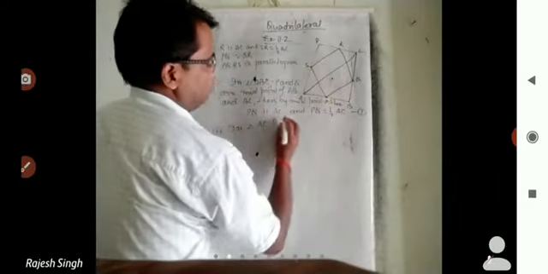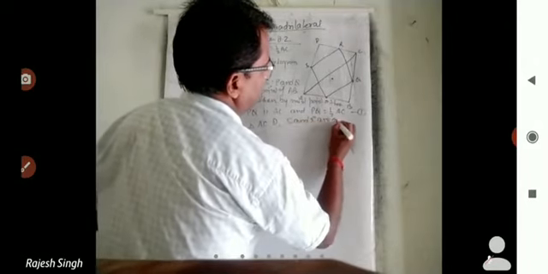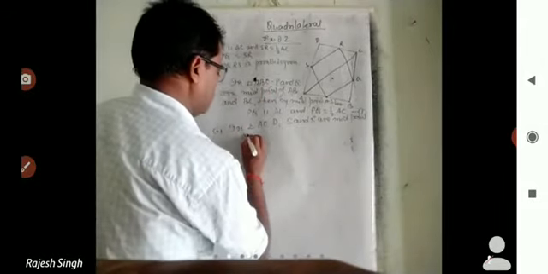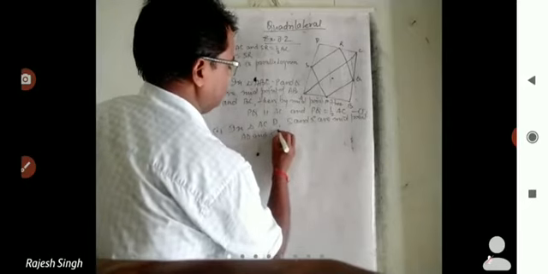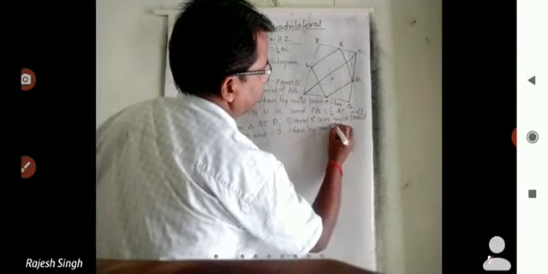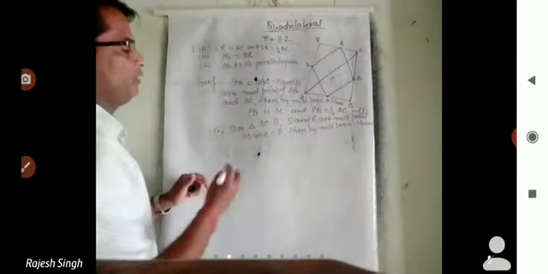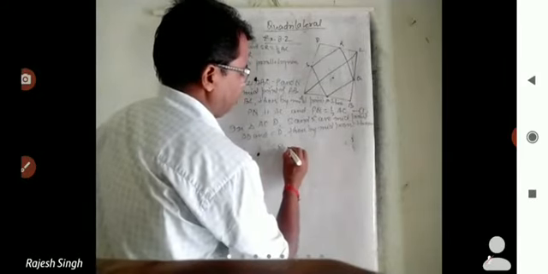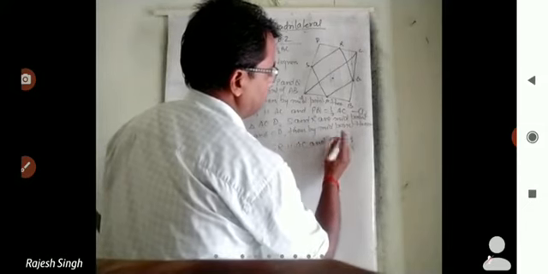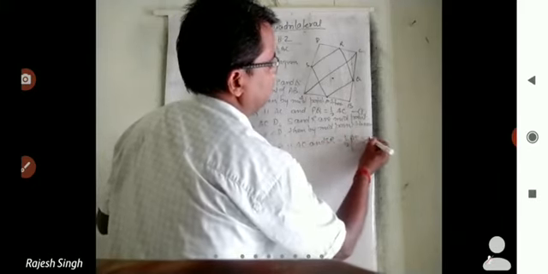S and R are midpoints of AD and CD. Then by the midpoint theorem, what can we write? SR is parallel to AC and SR is equal to 1 by 2 AC.